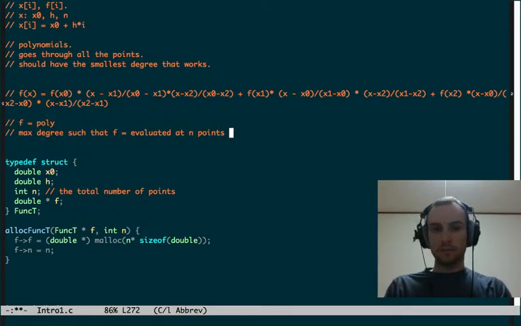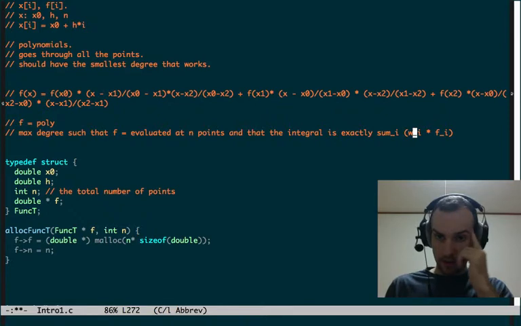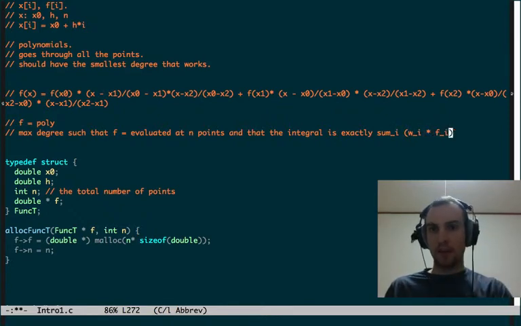and that the integral is exactly, okay, that's important, is exactly the sum of some coefficients wi times fi. Alright, so you take the sum over i of the product of some numbers times fi, and that would give you the function.